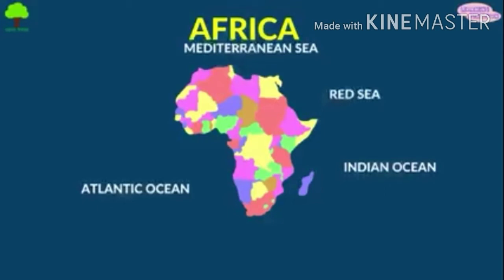The world's largest hot desert, the Sahara Desert, is found in the north of this continent. The Gobi Desert is a cold desert, the Sahara is a hot desert. The Gobi Desert is located in Asia, the Sahara Desert is located in Africa. The Kalahari and Namib Deserts are in the south.